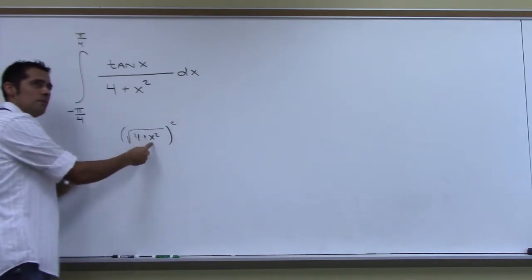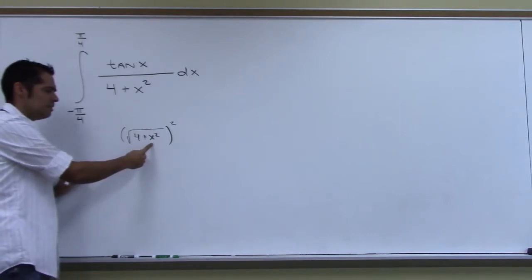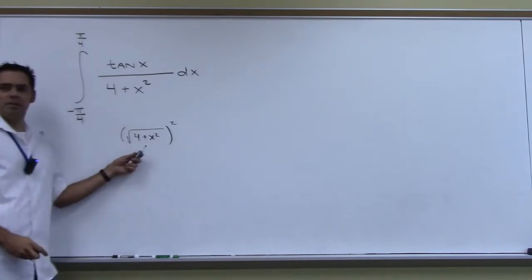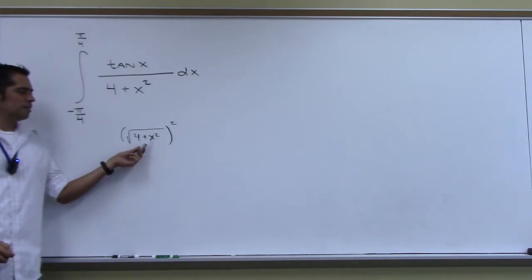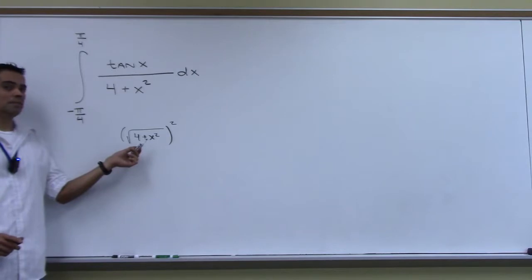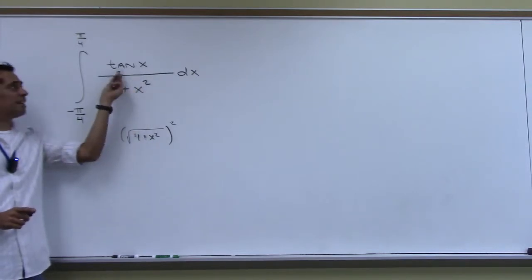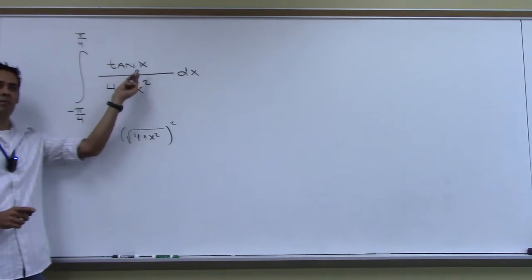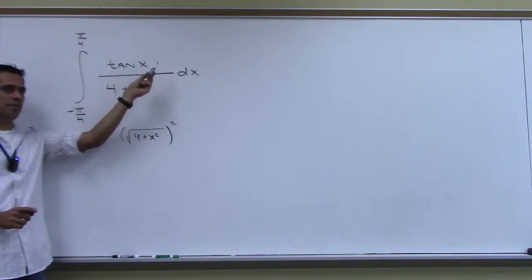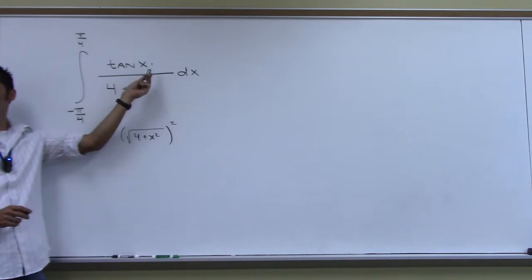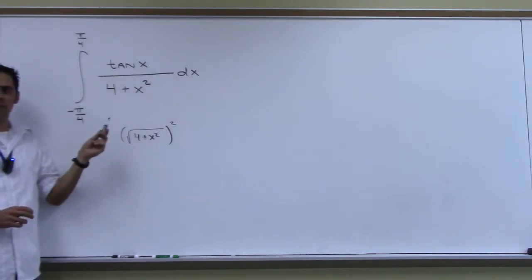Then our trig sub would be x equals 2 tangent theta, which means this would turn into tangent of 2 tangent theta, and we haven't even seen anything like that before, right? That could be major trouble.